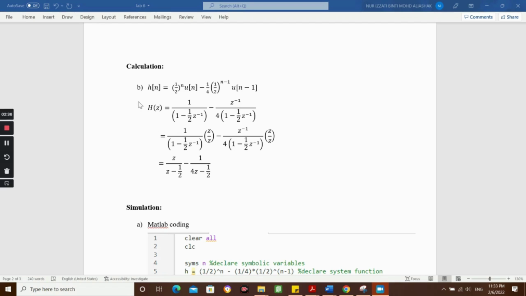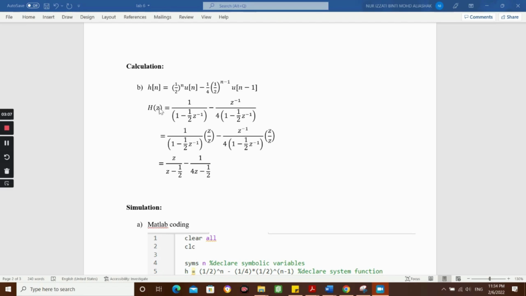For question B, the discrete-time signal given is h[n] = (1/2)^n u[n] - 1/4 (1/2)^(n-1) u[n-1]. We transform the equation into a Z transformation by referring to the Z transformation table.